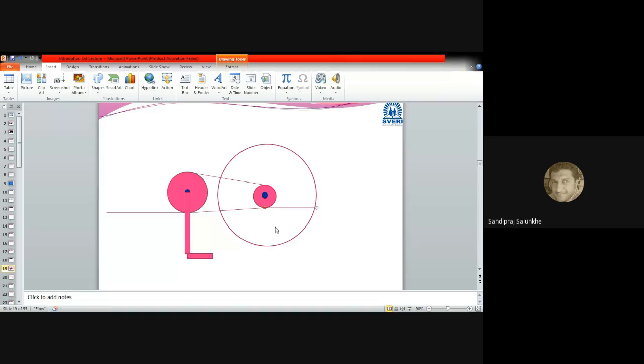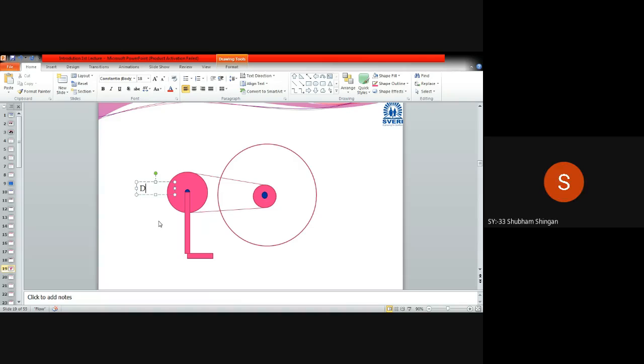Am I right? Yes. This bigger wheel will rotate 1 revolution, whereas the smaller wheel will rotate 2 revolutions to complete the same distance. Am I right? Are you getting me or not? Yes, sir. Okay.